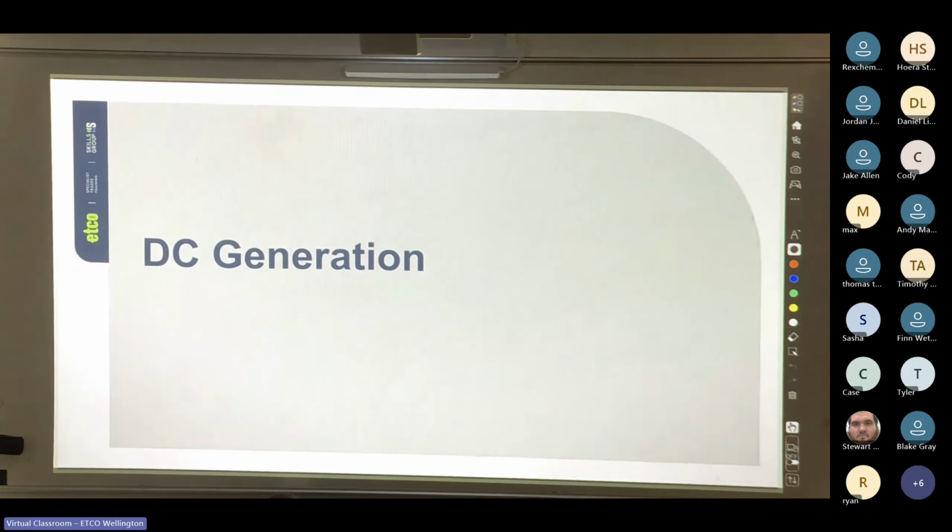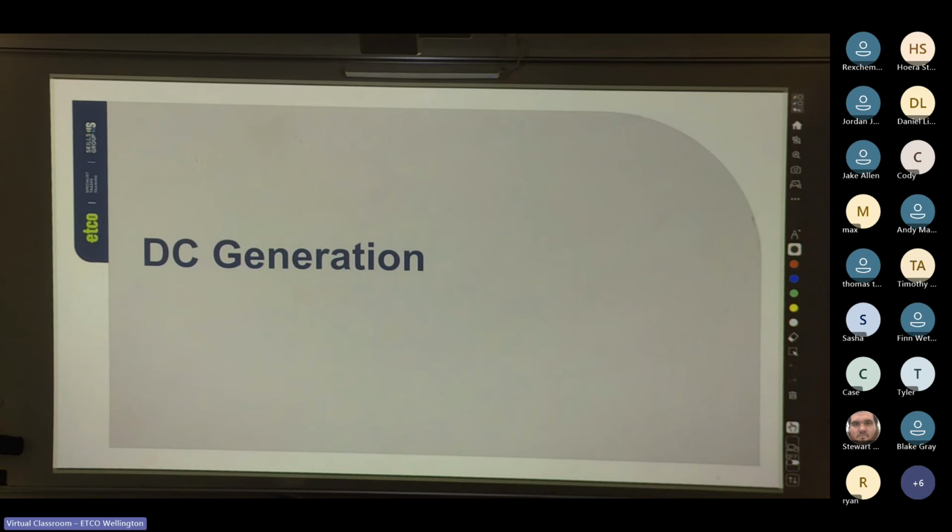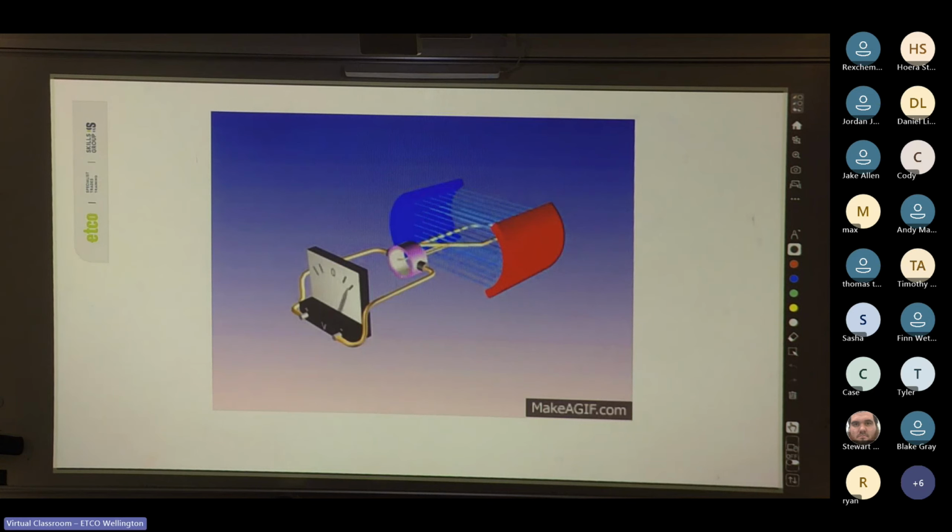Cool. So, DC generation. You can see the DC alternator here, and we've got a few different parts. Hopefully you can see we've got two rings there.